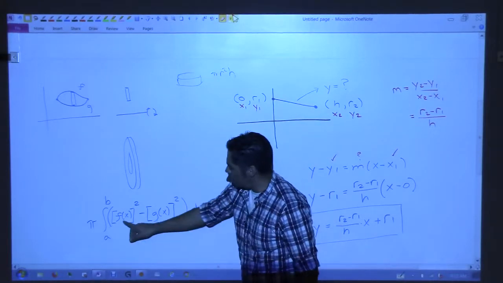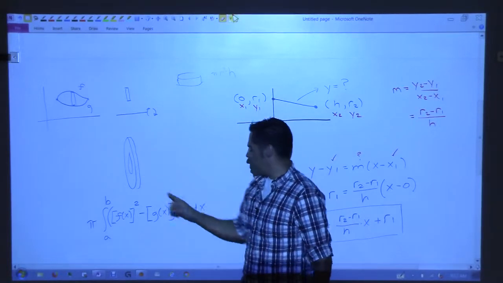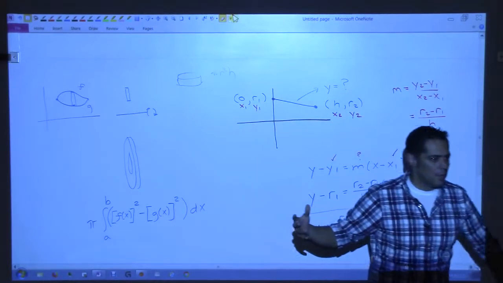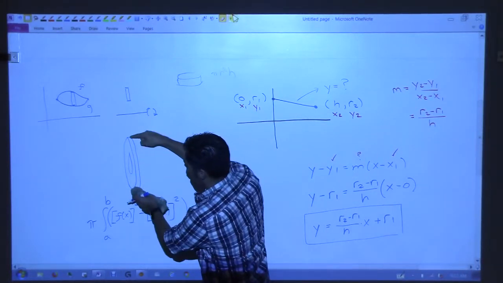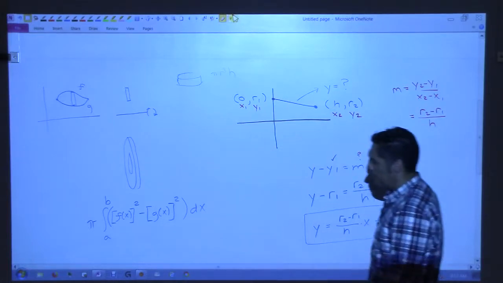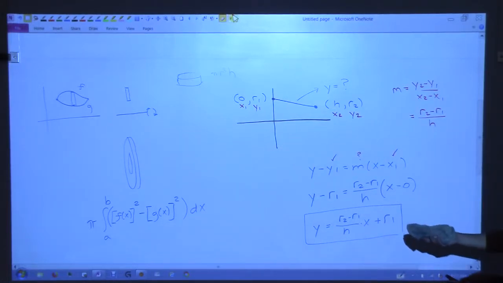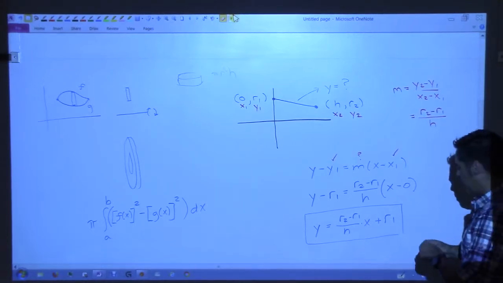So this is the radius squared, that's pi, and then the height of this little washer was the dx. So you have to go back and look, but that's where it came from. So we were taking the big outside and subtracting the little inside.